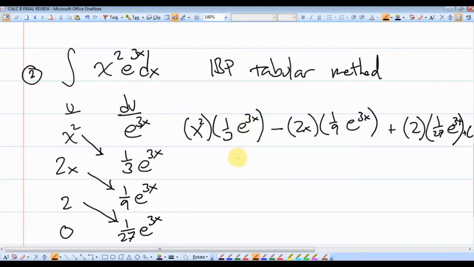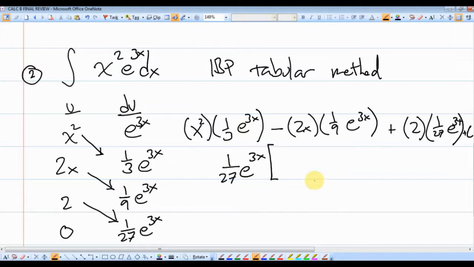Okay, clearly I can factor out an e to the 3x, but I also want to factor out the smallest fraction, which is 1/27. So I'm going to factor out 1/27 e to the 3x. See what happens here. 1/3 divided by 1/27 is the same thing as 1/3 times 27.